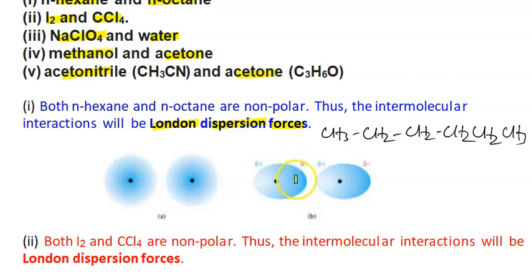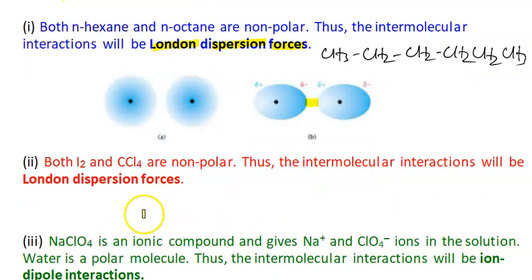This will make the other molecule polar, because the electron cloud of this molecule will repel the electron cloud of the nearby molecule and attract its nucleus. As a result, the other molecule becomes polar, and an attractive force starts acting between the electron cloud and nucleus of the other molecule. Therefore, this force is known as London dispersion forces. So between two non-polar molecules, this type of force always occurs.